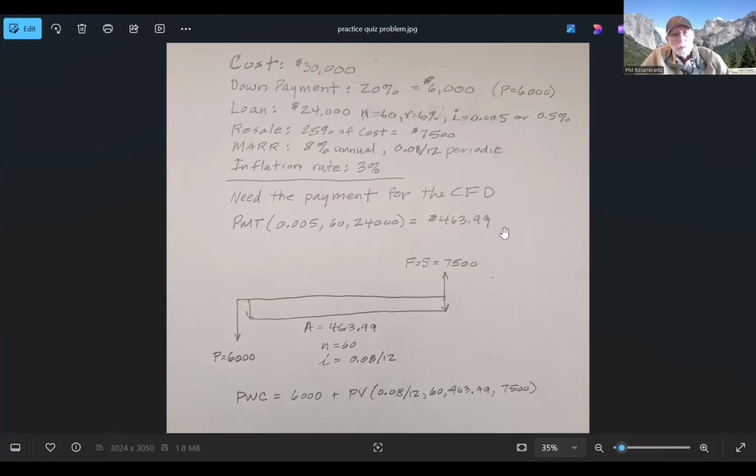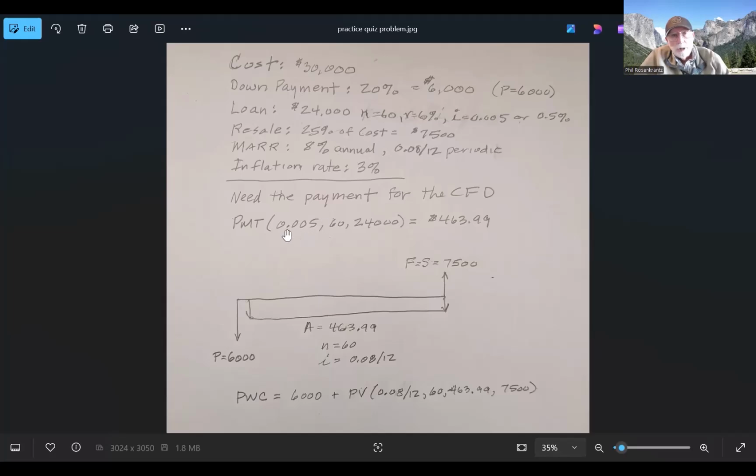Now, let me explain how to do this problem, although I'm not going to give you the answer. We have to figure out what the cash flows are first. The cash flows are the initial down payment, which is at time zero, $6,000. We have $24,000 left to finance at 6%, so we have to figure out the loan.